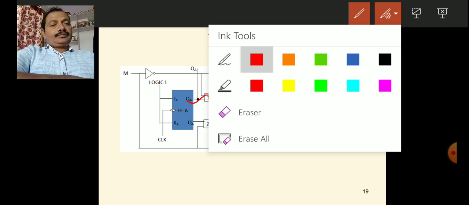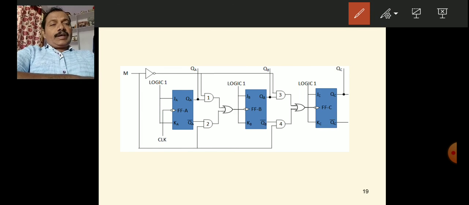Next, observe here the down AND gates. The Q bar outputs are connected through AND-OR to the clock input of the next flip flop like this.